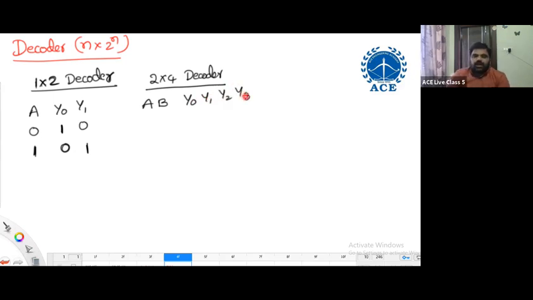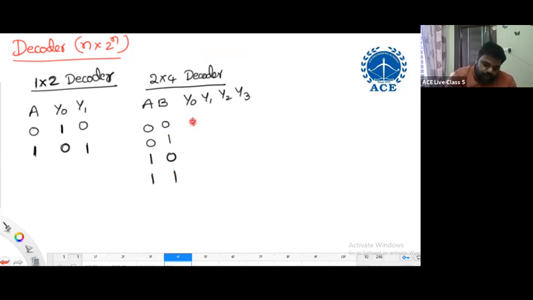These two inputs can have the combinations 00, 01, 10, 11. For each and every input combination, the respective output line is 1, remaining are zeros.